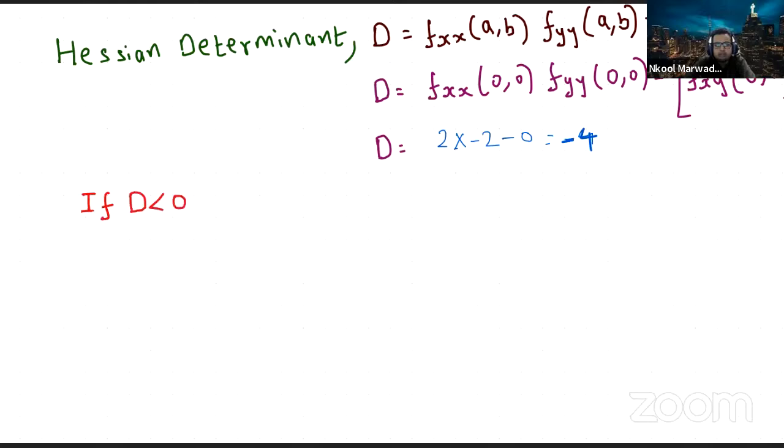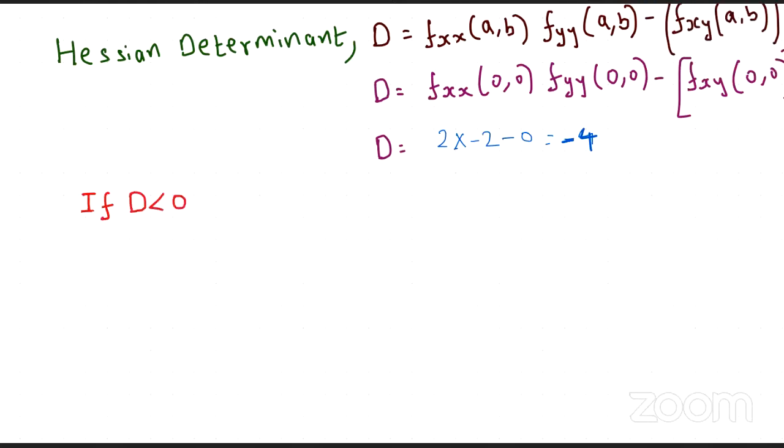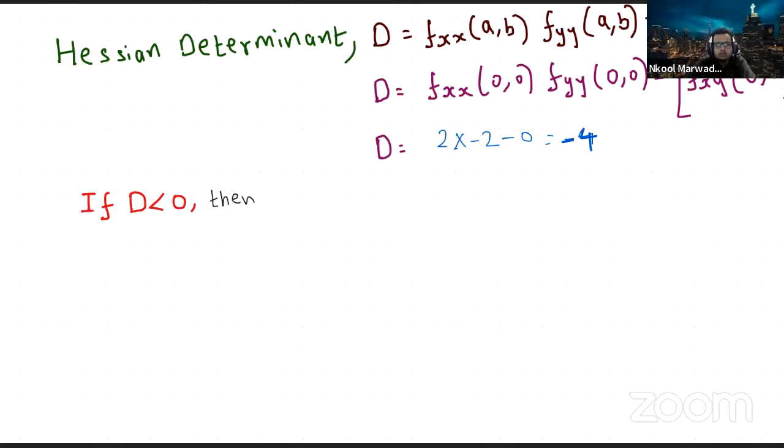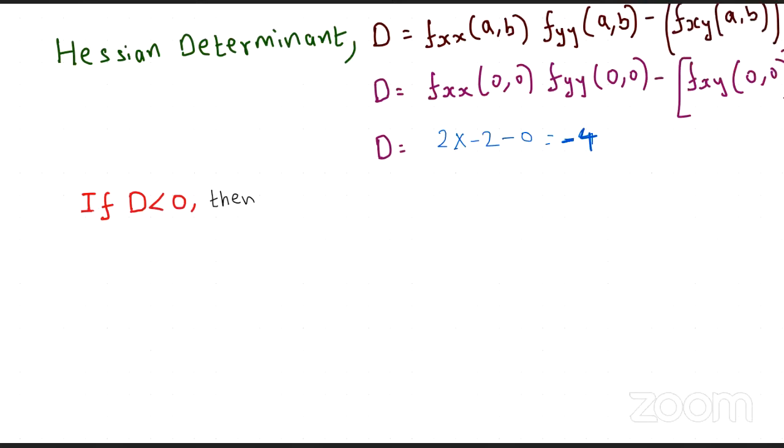So if D is less than 0, then 0, comma 0 is a saddle. Such a silly mistake I made.